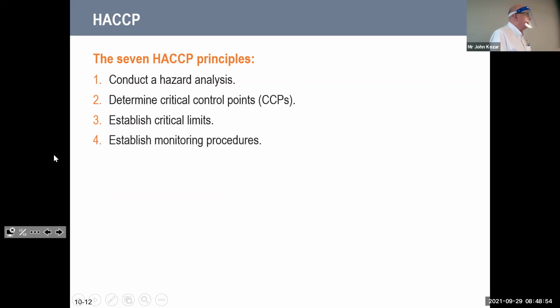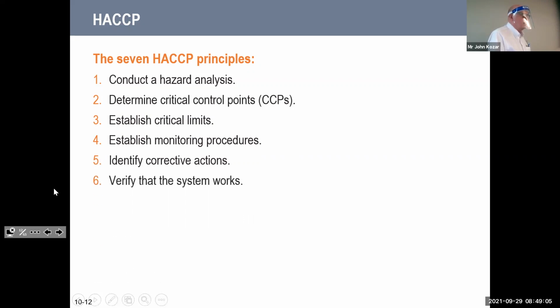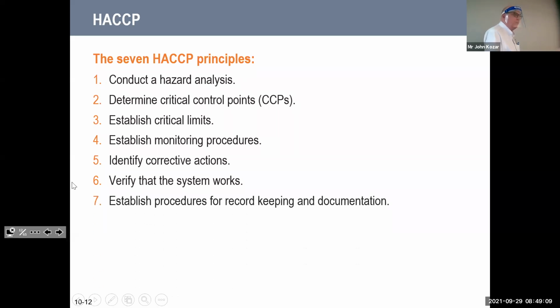Establish monitoring procedures. We're going to go through a couple examples. Then identify corrective actions, verify that the system works, and then have record keeping and documentation on hand to show that you've gone through all of this.